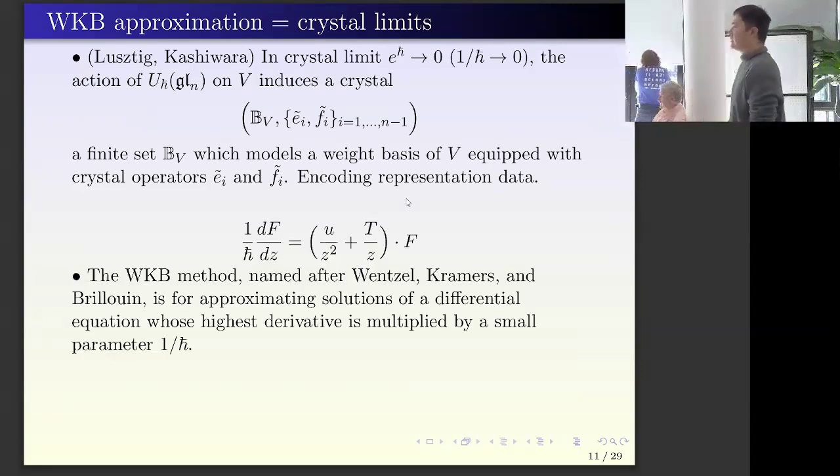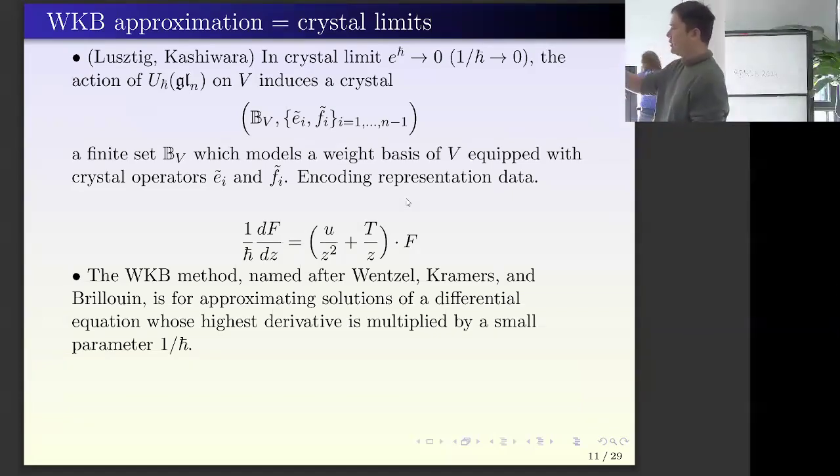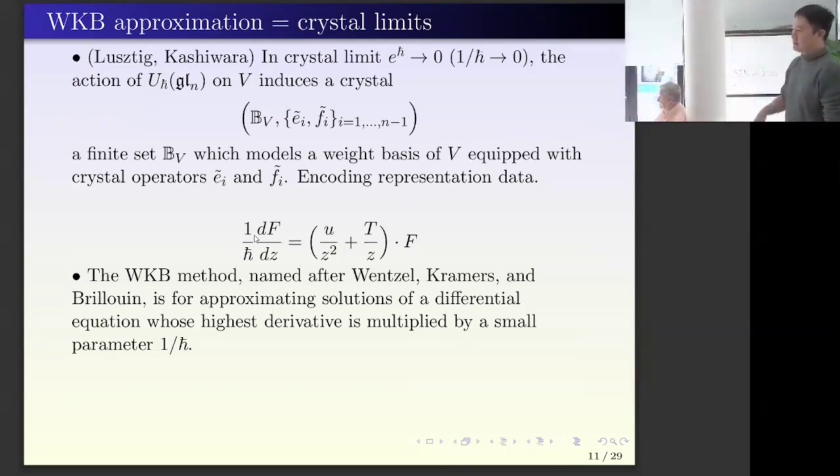On the other hand, in our previous theorem, we realized the quantum group action using this ODE. If we look at this linear system, we see that before we have ħ on the right, but if we divide by ħ, then we get 1/ħ on the left. Then when ħ goes to infinity, 1/ħ goes to 0. So this is a standard singular perturbation, or the so-called WKB approximation, for a linear system.